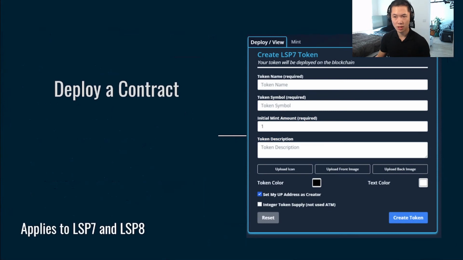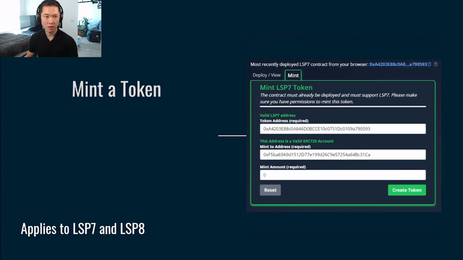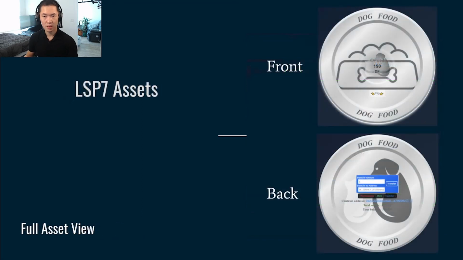But to quickly summarize, some of the other features include deploying an LSP7 or LSP8 contract, minting a token for a deployed contract, and this also applies to LSP7 and 8. We have a full size view of the LSP7 and 8 assets. What we saw in that wallet was a miniaturized version. In the full version, you can transfer tokens, you can mint tokens, as well as eventually manage permissions.